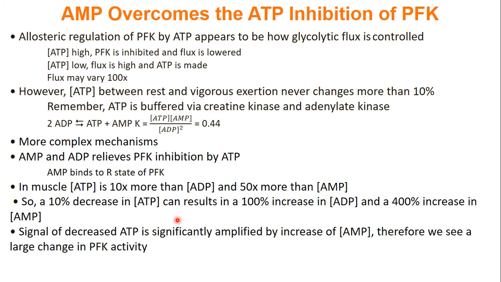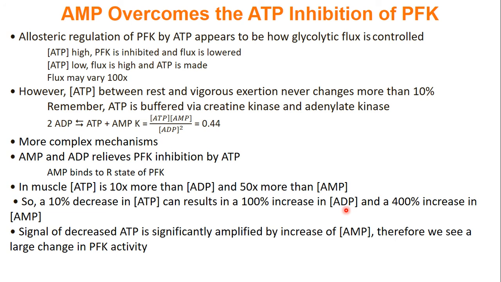So it's not so much that a decrease in ATP is speeding up your PFK, and speeding up flux. It's that a decrease in ATP increases ADP and AMP a lot. So by just turning one dial down 10%, you turn two other dials up 100 and 400%.